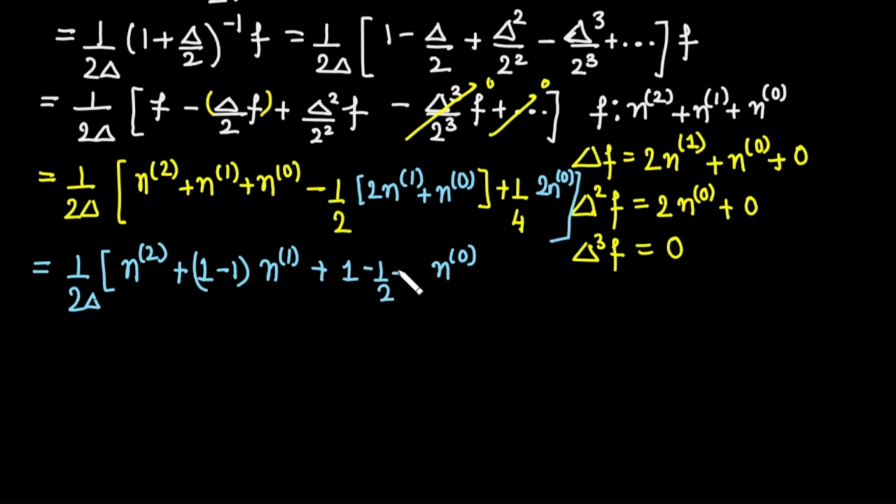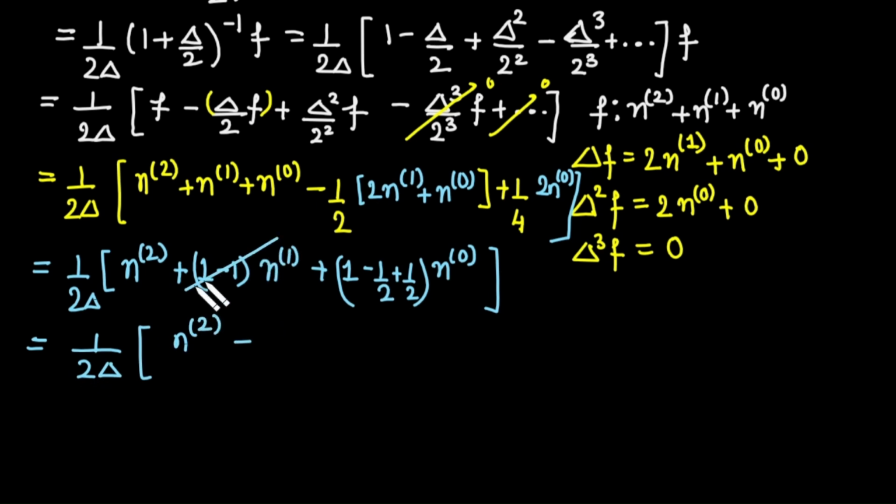Here we have plus 1 by 2. This is equal to 1 upon 2 delta of n raised to power 2 factorial polynomial. This term is 0. Here minus 1 by 2 plus 1 by 2 gets cancelled. Simply we have n raised to power 0 factorial polynomial.